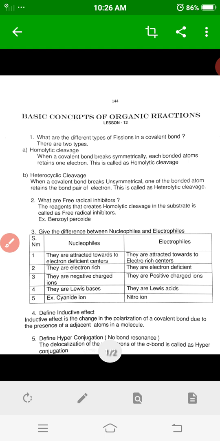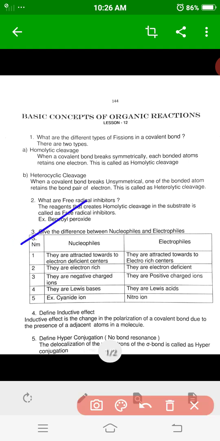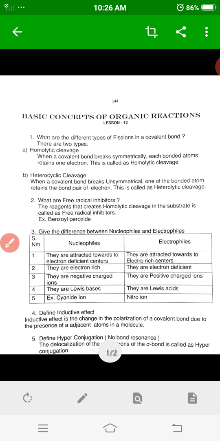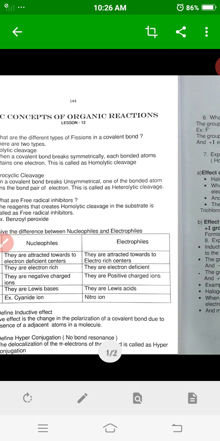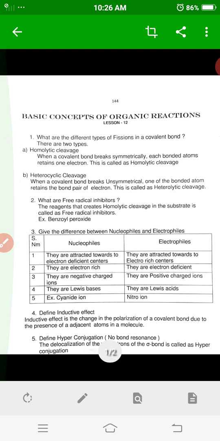Next, hyperconjugation, a very important question. Most exams repeat questions on nucleophile and electrophile, inductive effect and hyperconjugation. Hyperconjugation is no-bond resonance: the delocalization of the sigma bond electrons into the pi system is called hyperconjugation.